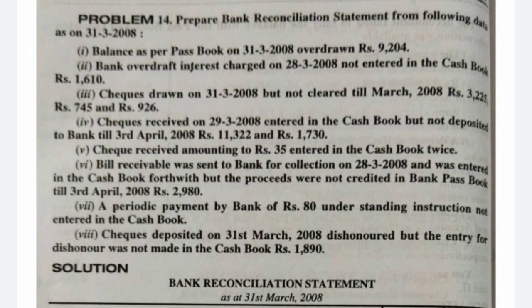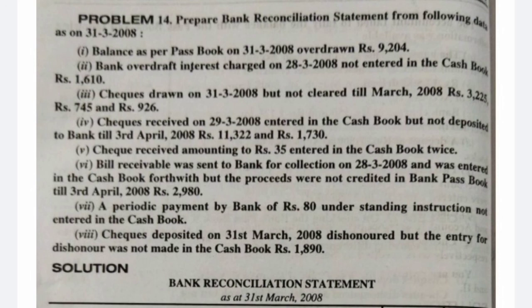Checks drawn on 31st March 2008 but not cleared till March 2008: rupees 3225, 745 and 926. Checks drawn means that in the cash book the checks have been credited by the customer, that is by Bunty. But in the passbook the checks are not presented for payment yet.